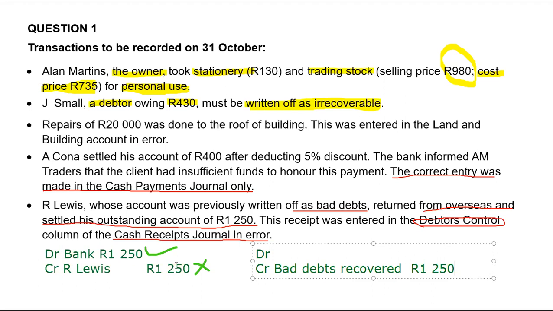We have to correct this over here by debiting R. Lewis by the same amount, which is 1,250. So that's how we're going to correct that error.